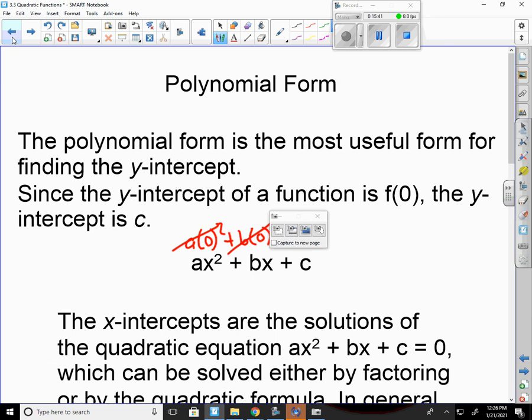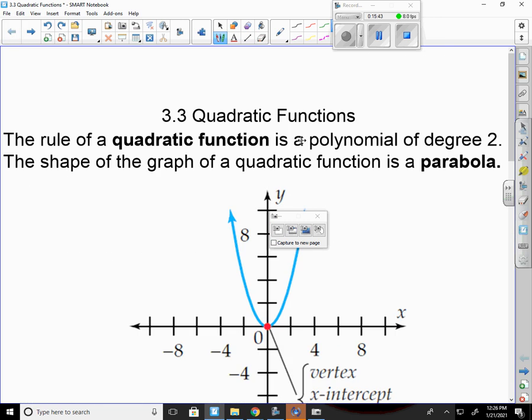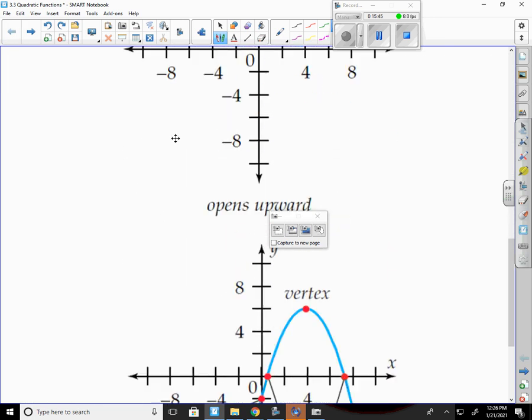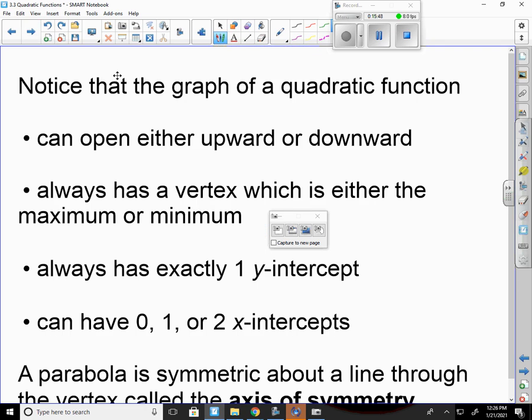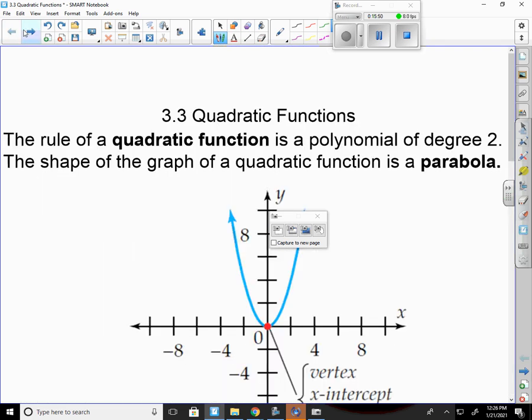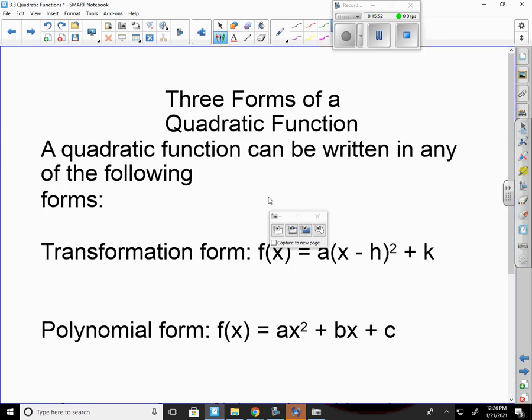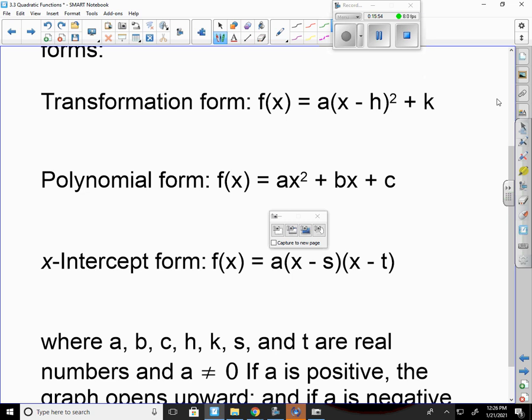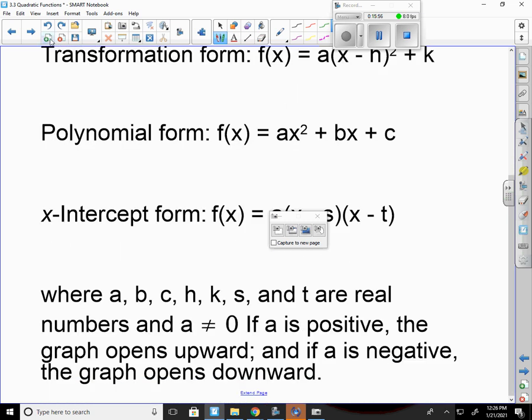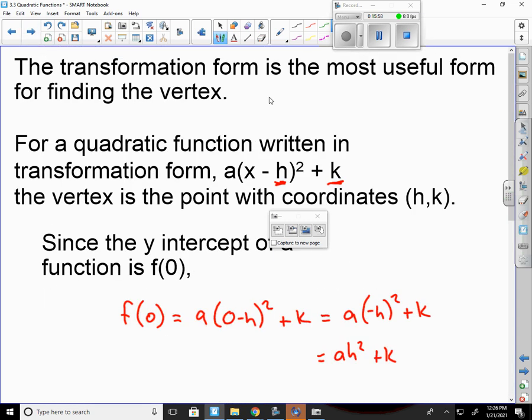If we look back at our notes at the transformation form, that's what form these are in. It says the vertex is the point with the coordinates h and k.